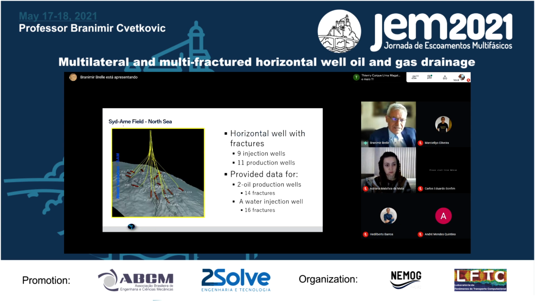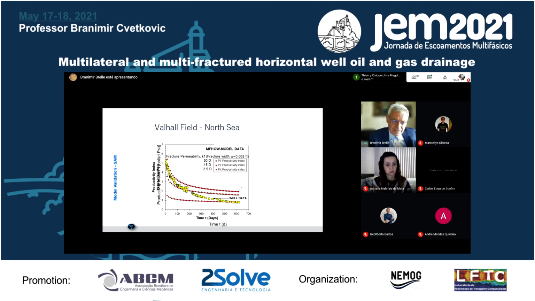Here is another field, the South Arne field, which I also got from Amered de Hess. In this field, I'm looking at the productivity index when it's 50, 15, 2.5.